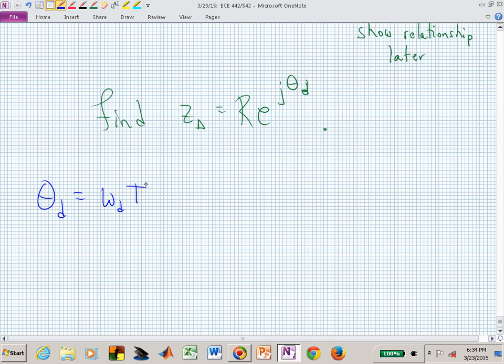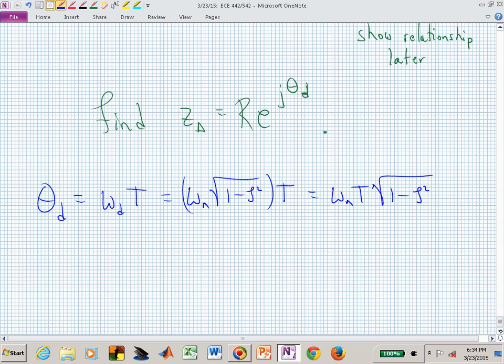That's omega sub d t, which is omega sub n square root of 1 minus zeta squared times t, which is omega sub n t square root of 1 minus zeta squared. Now we can solve for this product omega sub n t in terms of theta sub d and zeta, and that's what we were given. This is theta sub d over the square root of 1 minus zeta squared.